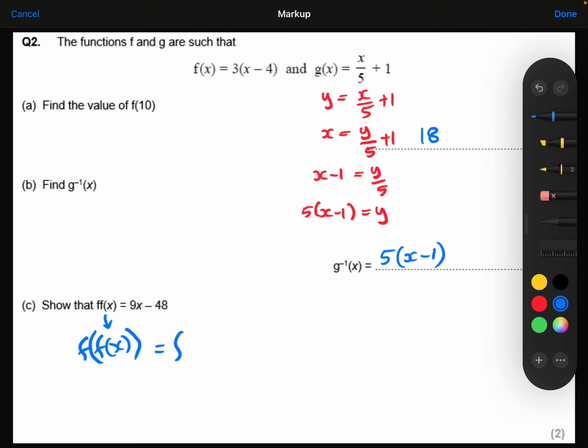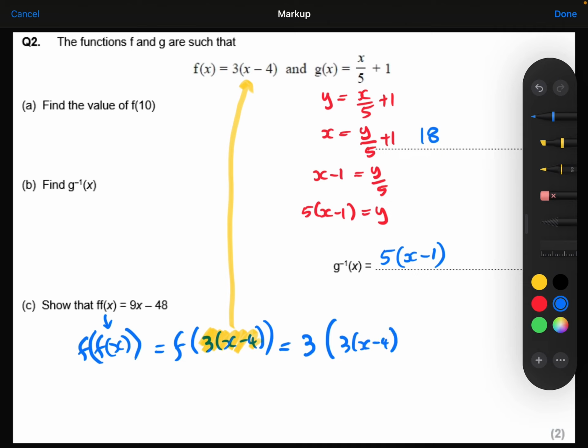That's like me doing f of 3 lots of x minus 4, which means I would substitute 3x minus 4 into the x function. So I would have 3 lots of 3x minus 4 minus 4. So I'm substituting the f of x into the f of x function.